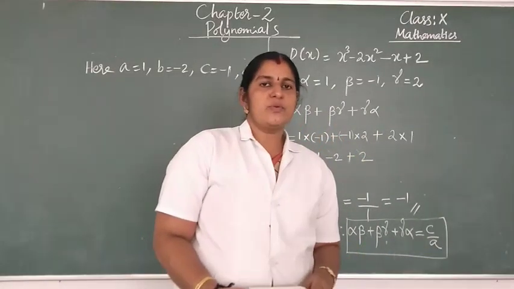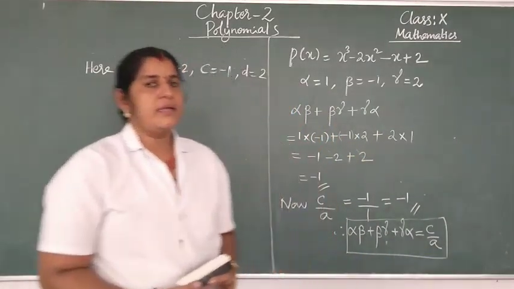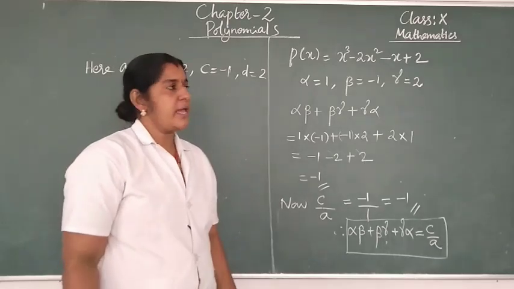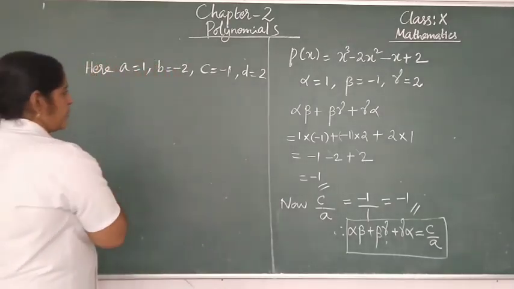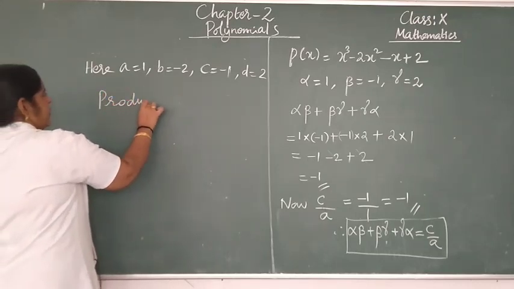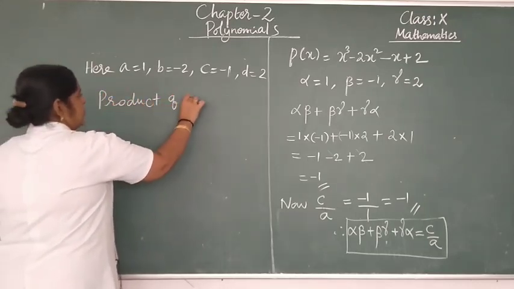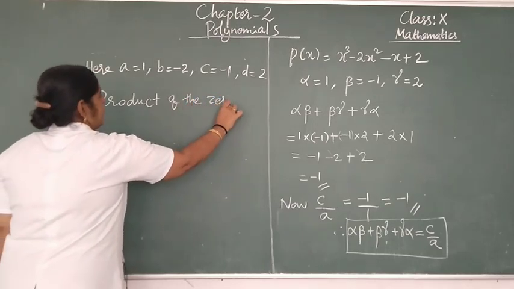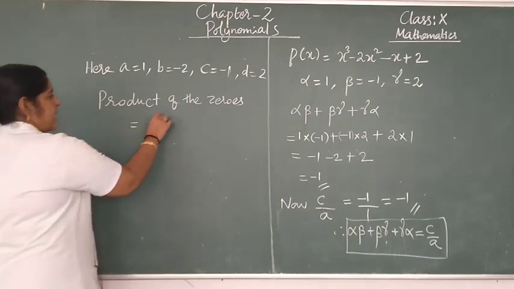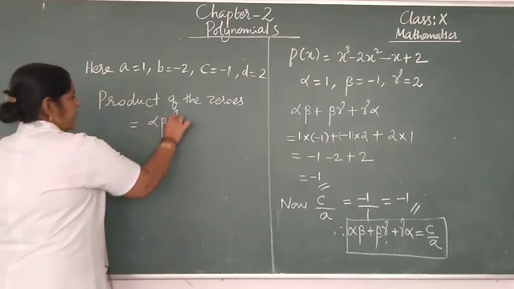Yes, now students, to get the third relation, we are going to find the product of the zeros. So here there are three zeros, and the product of the zeros means alpha, beta, gamma.